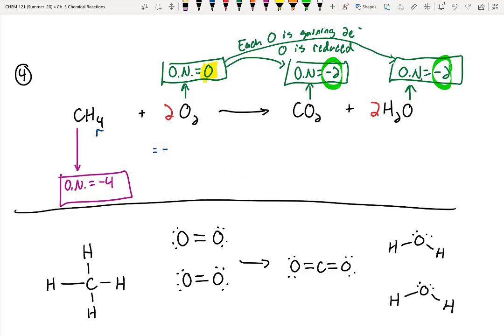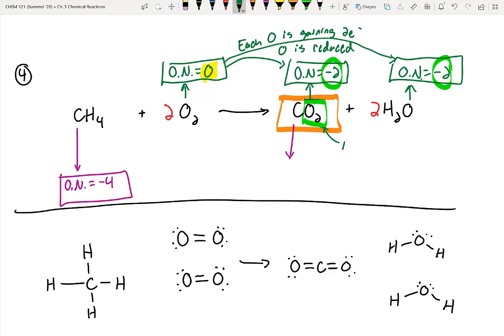I'm going to erase this to keep things neat and tidy. But now let's think about CO2, right? We've got to figure out the oxidation number of carbon. So how are we going to do this? We use the oxidation number of the oxygen that's connected to it. Yeah, exactly. Those oxygens each had an oxidation number of -2, that's what we set up above.